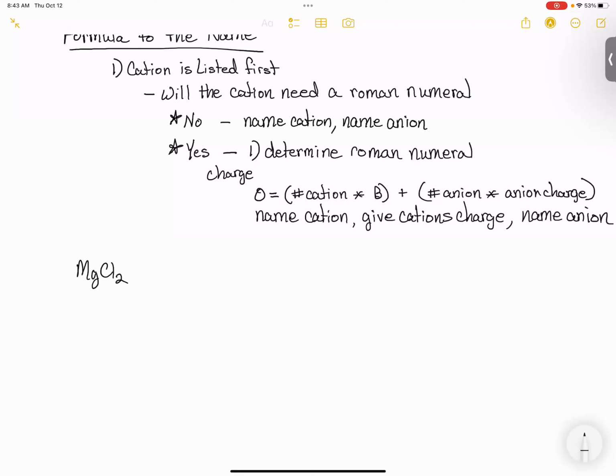MgCl2. Using the question I have here, will this cation need a Roman numeral? No. Why?